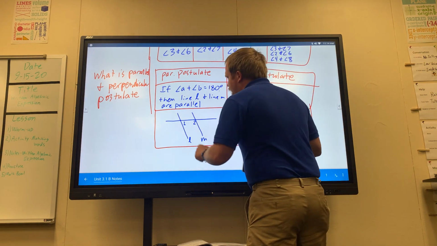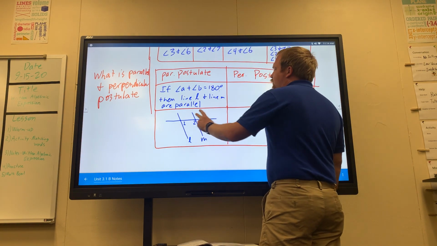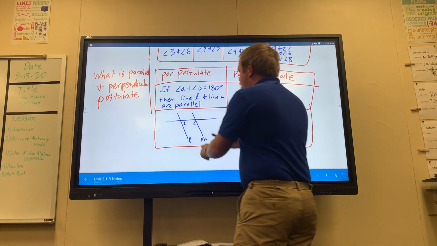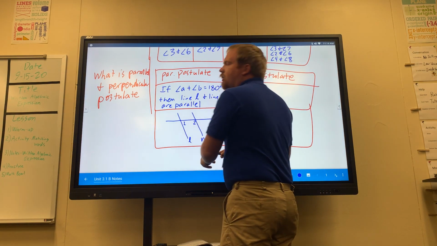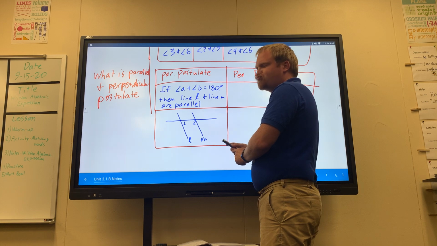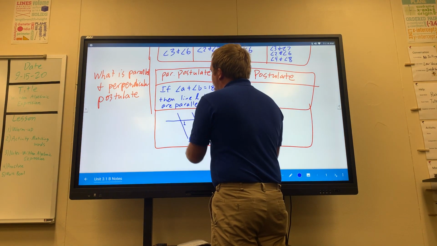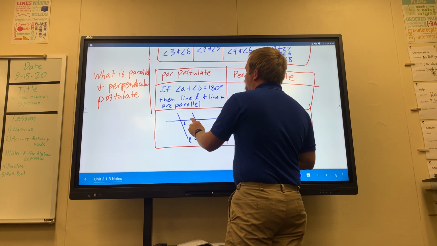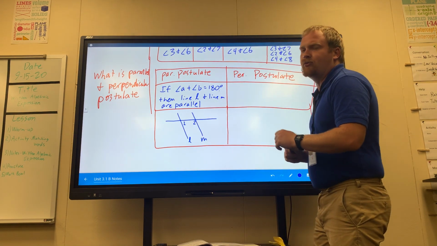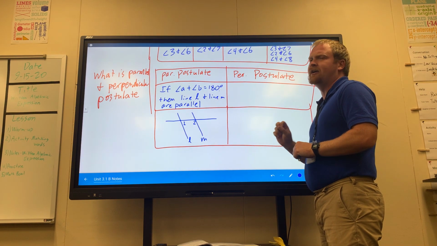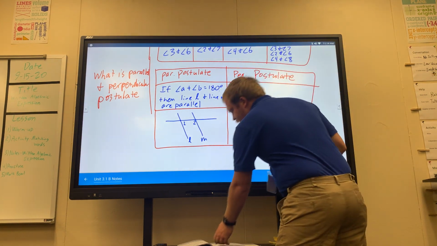If the sum of angle 1 and angle 2 add up to 180, then both of these lines are parallel to each other. Okay? These two lines are only parallel to each other if angle 1 and angle 2 add up to 180 degrees. That is the only time that line L and line M are parallel to each other.